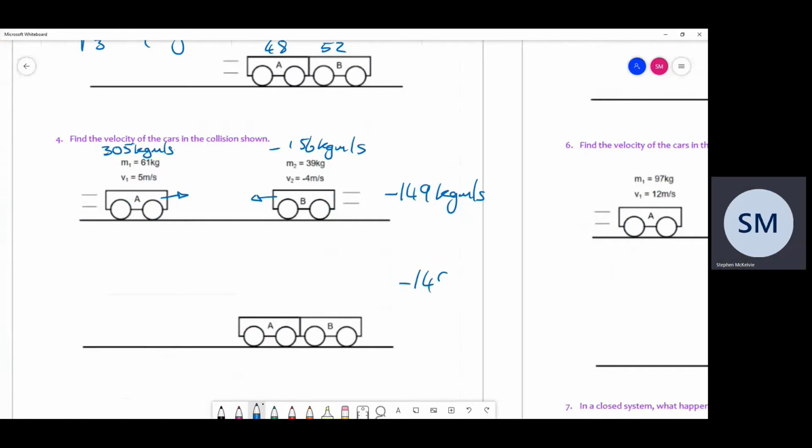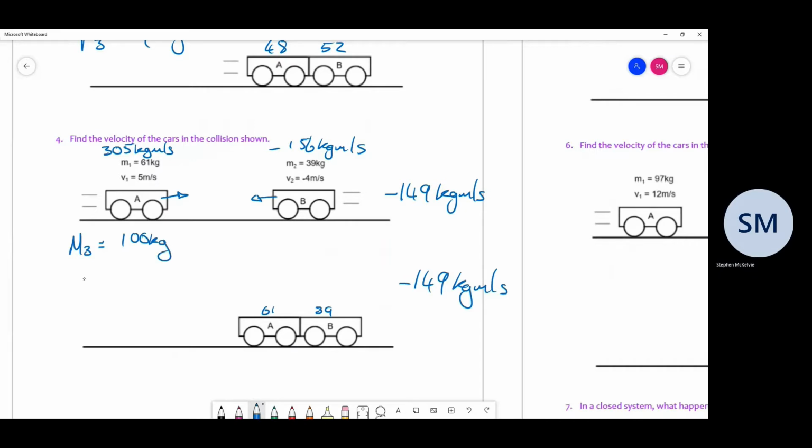Momentum before will equal the momentum after the event. The mass of this is 61 plus 39 kilograms, giving me my new mass, M3, as 100 kilograms. The momentum will be negative 149 kilogram meters per second, and I do not know the velocity. Momentum is equal to mass times velocity.